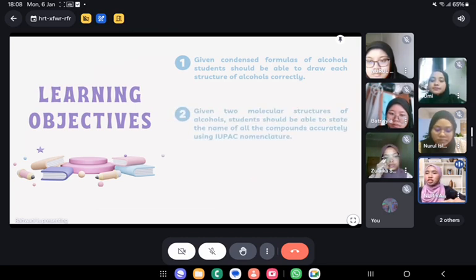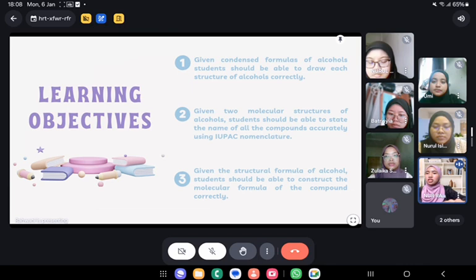Second, when given 2 molecular structures of alcohol, you should be able to state the names of the compounds accurately using the IUPAC nomenclature that I'm going to teach you later. And the third one is, when given the structural formula of an alcohol, you should be able to construct the molecular formula of the compound correctly. So I hope you pay your utmost attention to my lessons today, and let us achieve the learning objectives together.